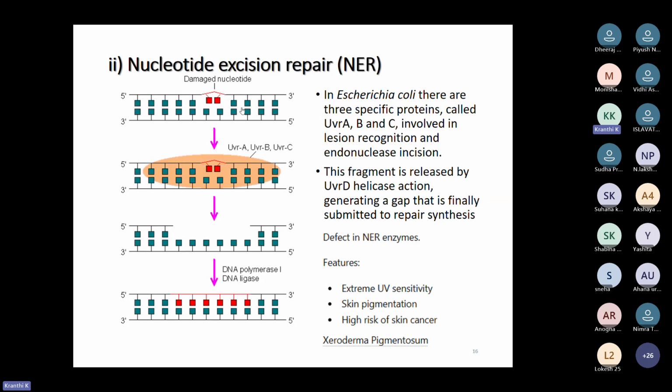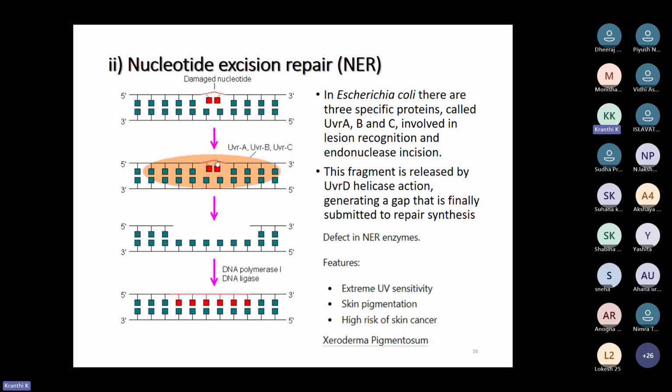Sometimes there are dimers also, as with photoreactivation, right? When you take E. coli, what happens when there is a dimer? In E. coli, there are proteins called UvrA, B, and C. These recognize the lesion. A lesion is an uncorrected or damaged part, right?